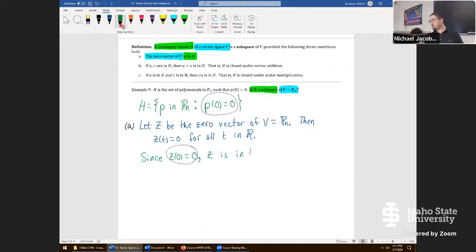Z is in H. So we just showed that part right there. We have to grab the 0 vector, then exhibit that the 0 vector qualifies for set membership. Then we have to make a conclusion. The 0 vector is in that set.